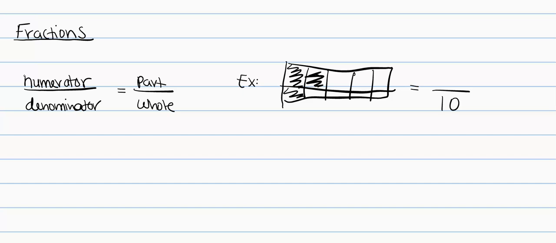Therefore, the pieces that are removed or shaded would be 3/10 shaded. So, what about the fraction that isn't shaded? So you have 1 plus 2 plus 3 plus 4 plus 5 plus 6 plus 7. So we have 7/10 that is not shaded. If we were to add these together, we would get the total amount of the bar.